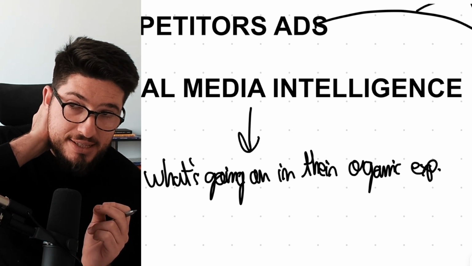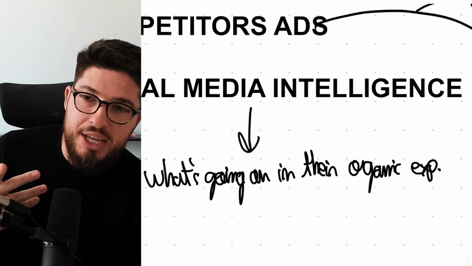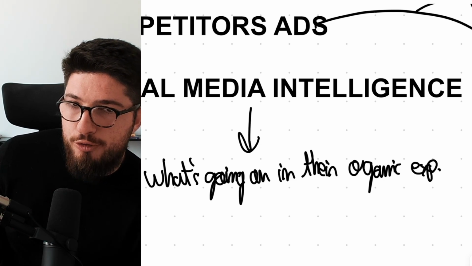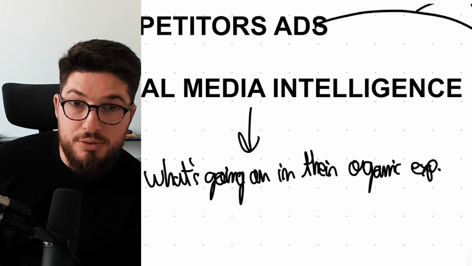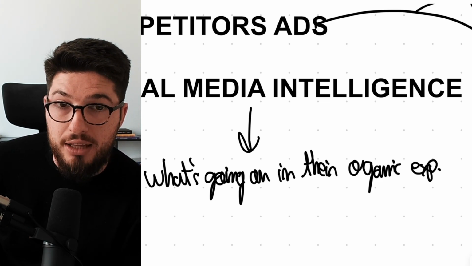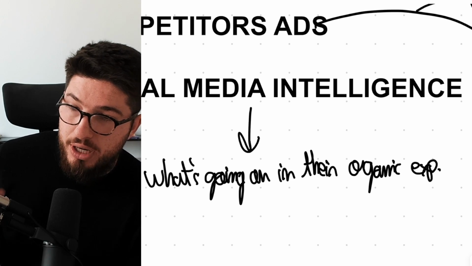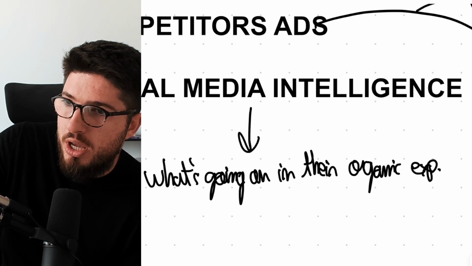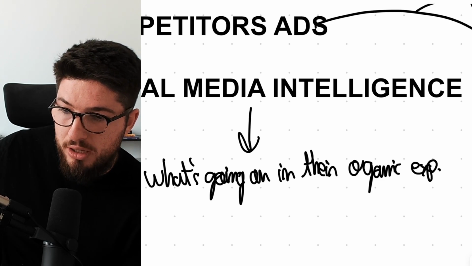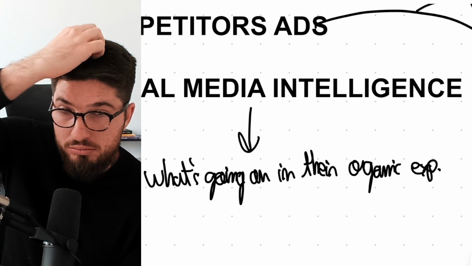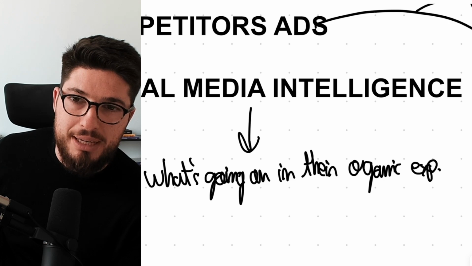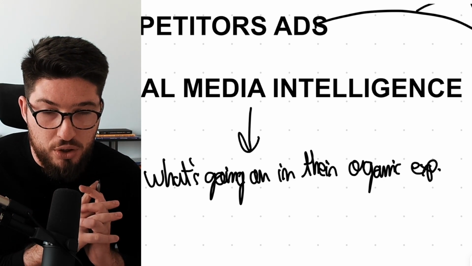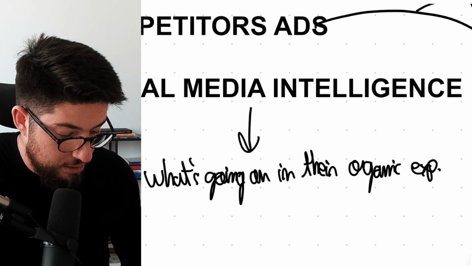Depending on the age and the market you're in, if they consume a lot of long format video, it makes sense for you to have a 2-minute ad. But in the other case, if you're targeting 18-year-olds, 20-year-olds, and they're consuming 5-second videos, don't try to put in a 2-minute video because it doesn't make sense. Without social media intelligence, you will not blend into what's going on in their feed.